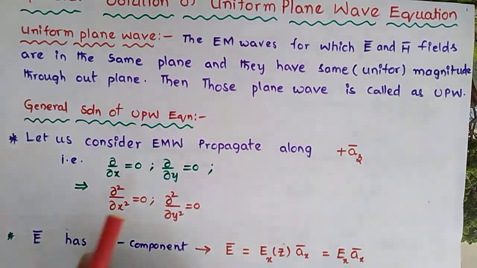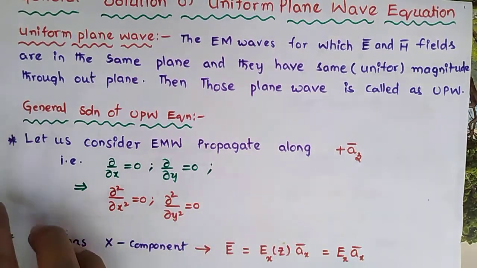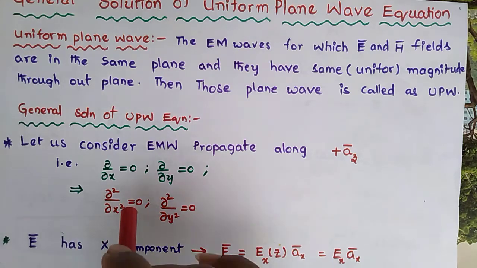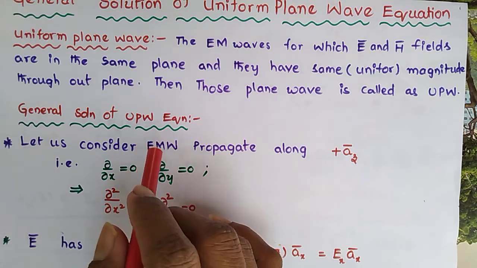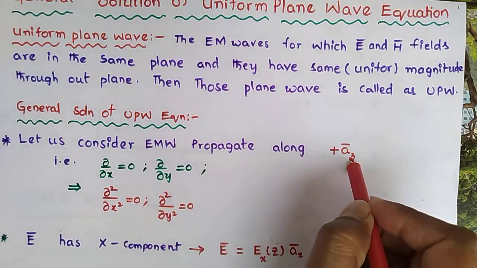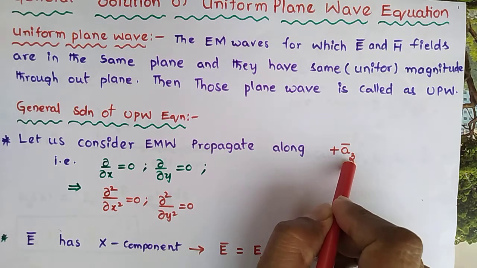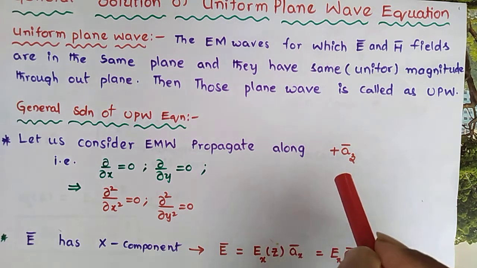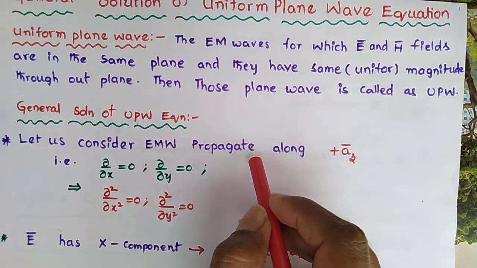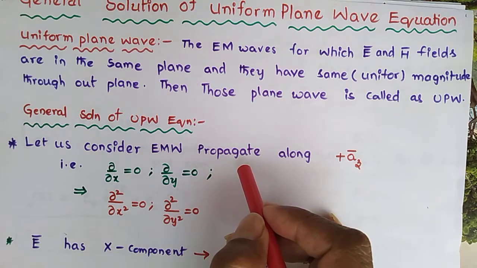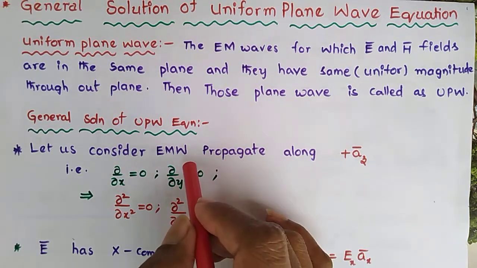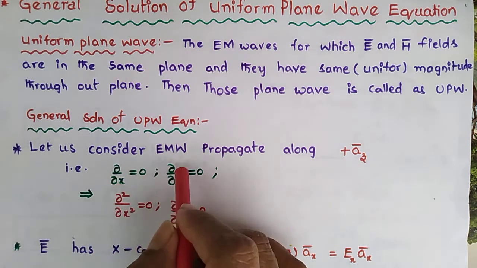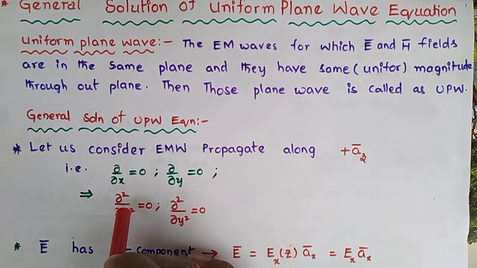Okay, so for finding the general solution, I am considering that my uniform plane wave propagates along the z direction. So the x component and y component should be 0 for the EM wave propagation direction, and ∂/∂x equals 0, ∂/∂y equals 0.